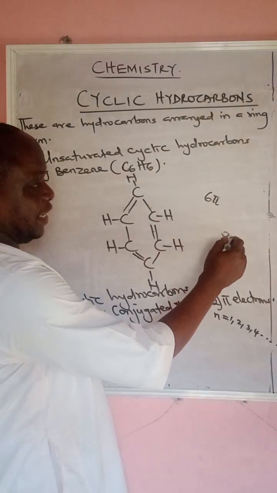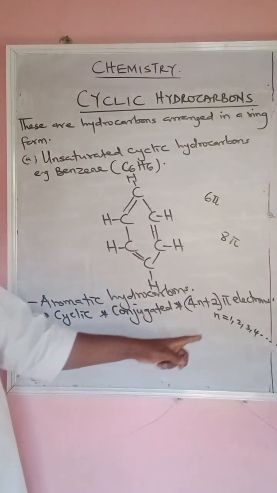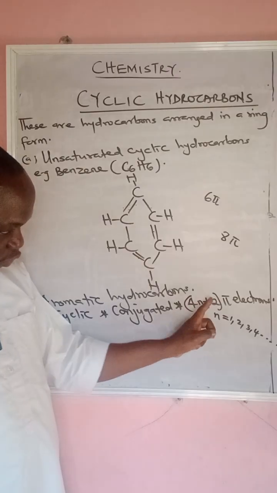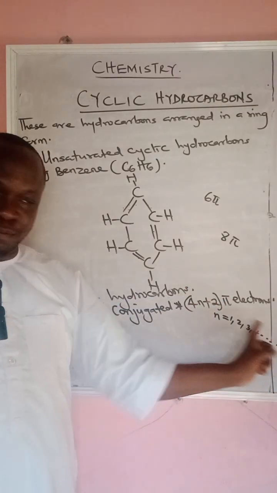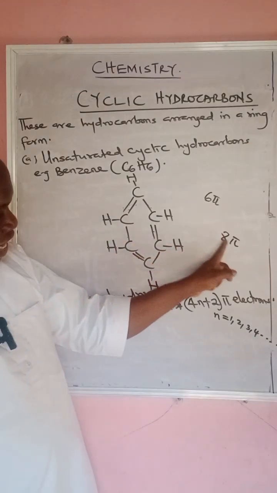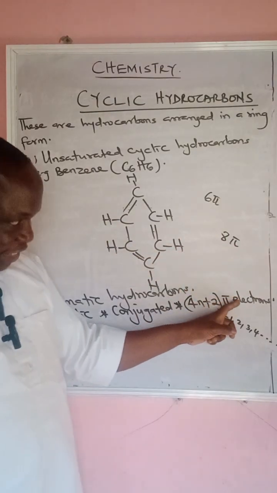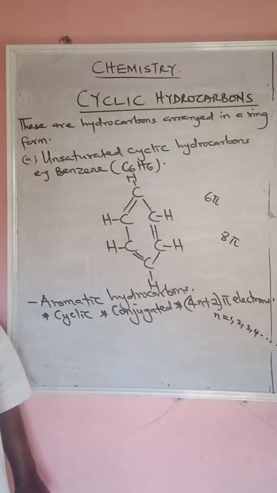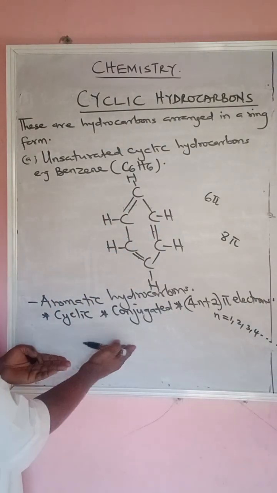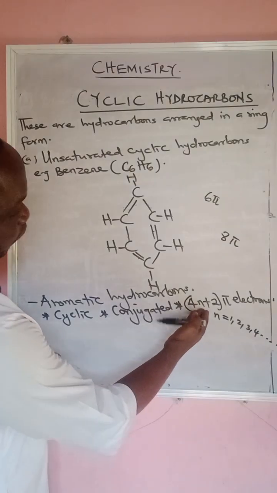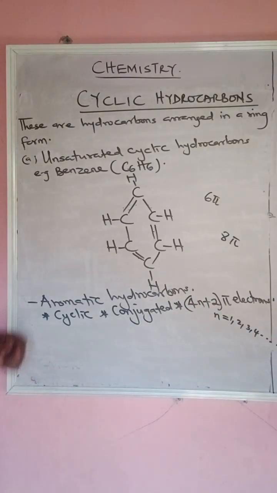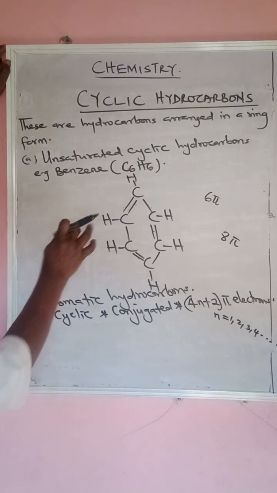Let's see whether you can get 8. When you put 1 here, you get 6. When you put 2 here, it will be 8 plus 2, 10. So 8 can never be obtained. So a cyclic hydrocarbon with 8 pi electrons can never be aromatic. Please take note of that. These are the conditions: must be cyclic, conjugated, and must contain 4n plus 2 pi electrons. So this one is aromatic.